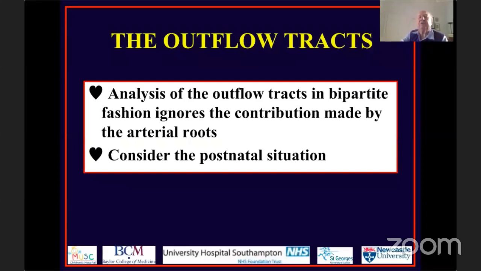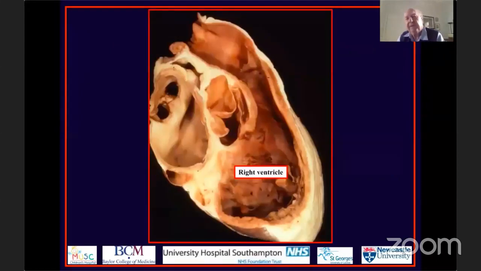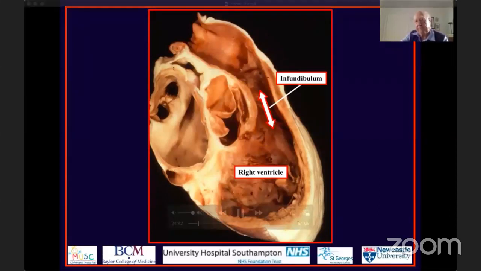So let me illustrate the importance of that by sharing with you the situation in the postnatal heart. So this is an oblique subcostal cut through a normal heart, and I'm showing you here the outflow tract from the right ventricle. And as you all know, the right ventricle has a long, freestanding muscular sleeve that we call the infundibulum.